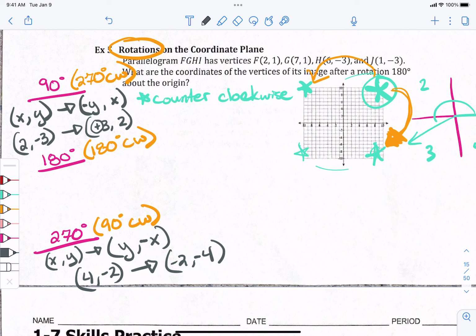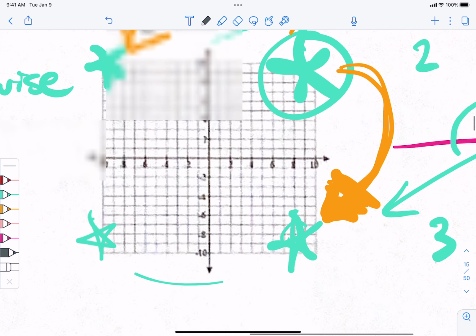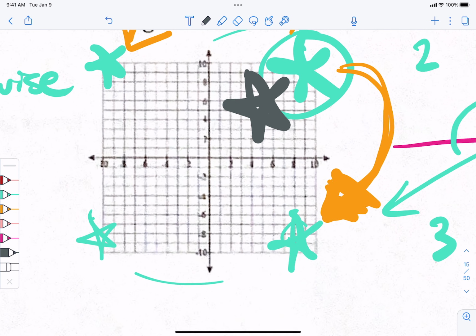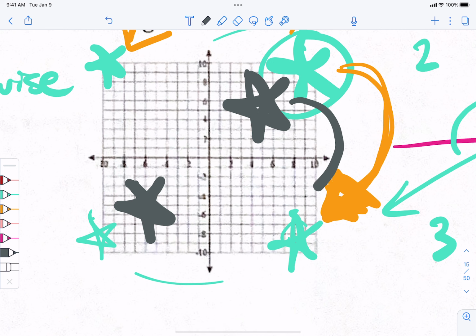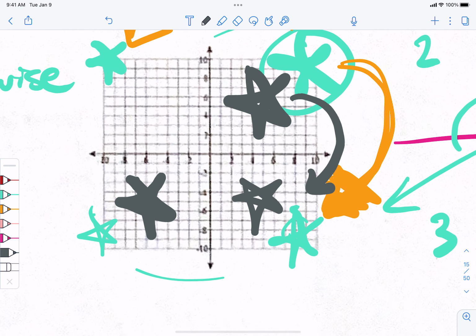All right, 180, this is my favorite. Do you flip those? 180 degrees, you don't flip them. Okay, here's how 180 works. Let's say I had an object here, right, in the first quadrant, and he's gonna end up over here. 180 degrees is exactly the same thing as reflecting it across the x-axis and then reflecting it across the y-axis, okay?